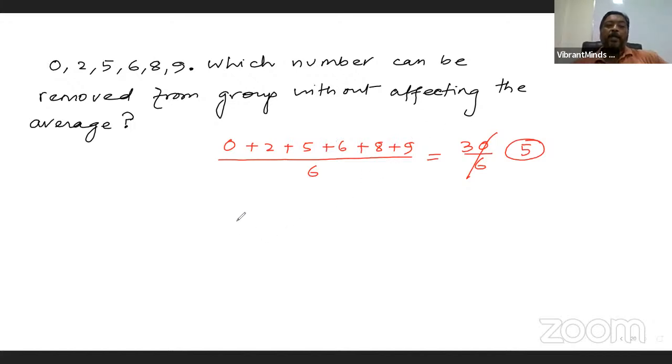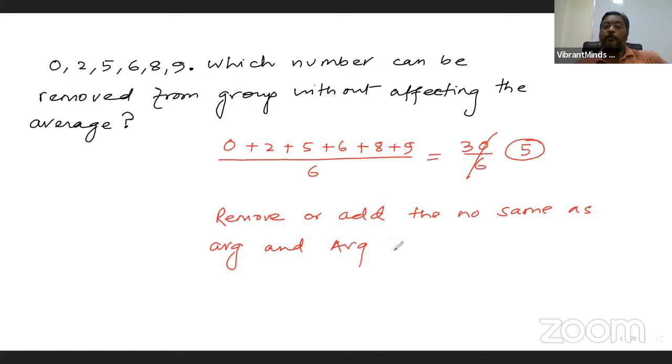So what I can do is remove or add the number same as the average, and the average of the rest of the numbers will not get affected.